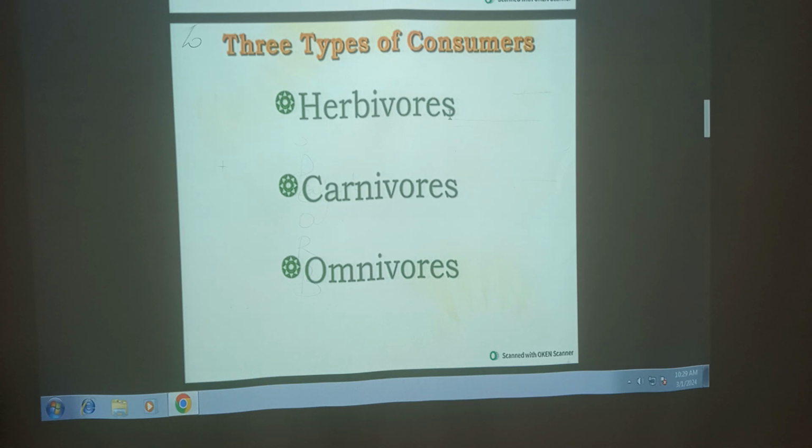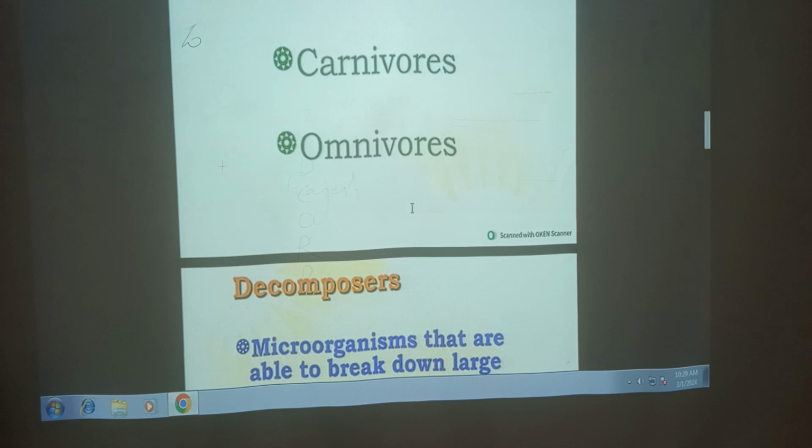Herbivorous means feeding only on plants, vegetarian. Carnivorous means non-vegetarian. Omnivorous means both types of food. And there are also those that feed only on blood. These are the different types of consumers.